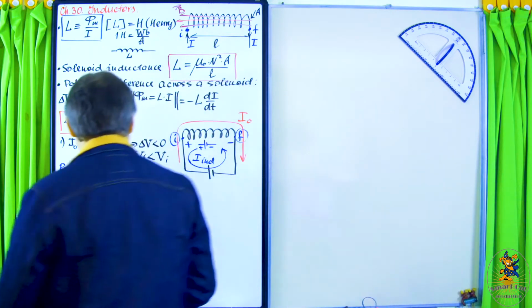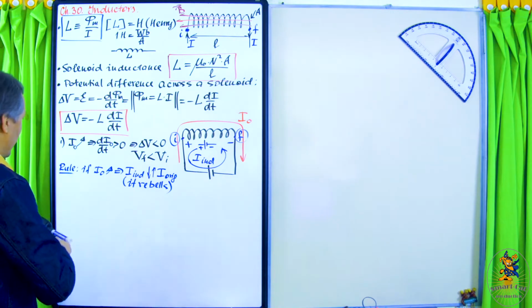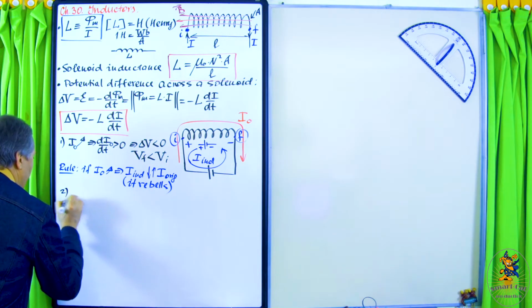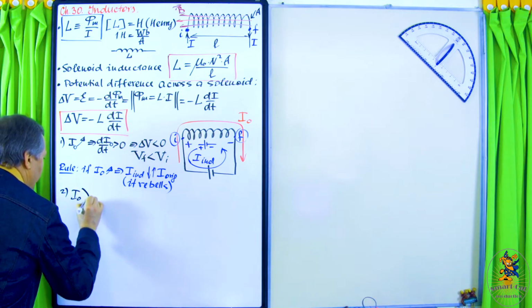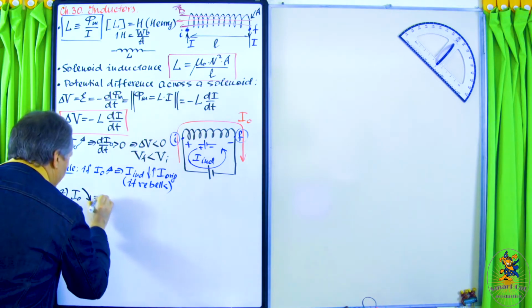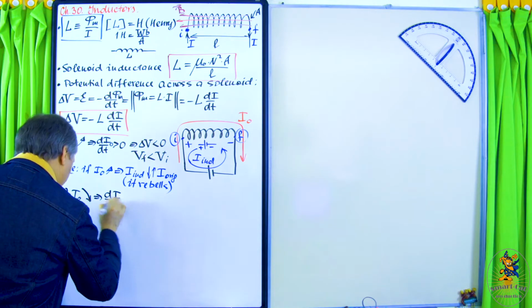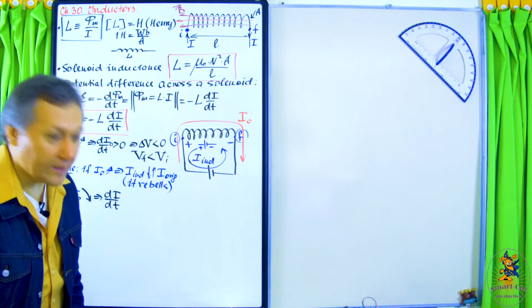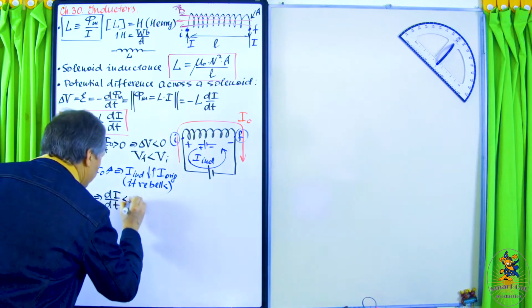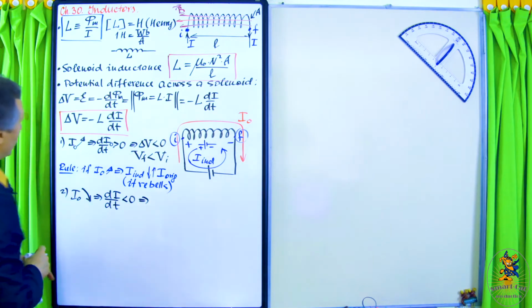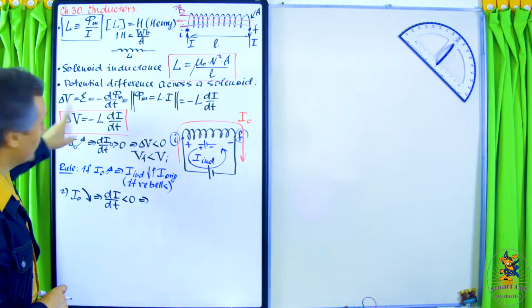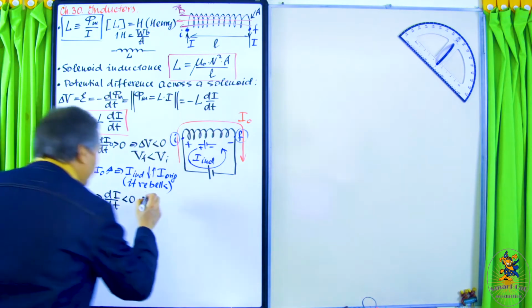Okay, so now the second situation. What if the original current is dying? What if the original current is going down? Then, of course, the rate of change of the current, di over dt, is negative. And now, with the minus also in front, delta V will be positive.